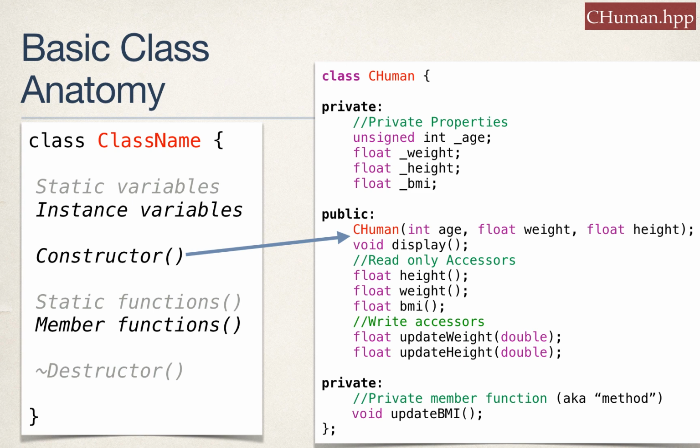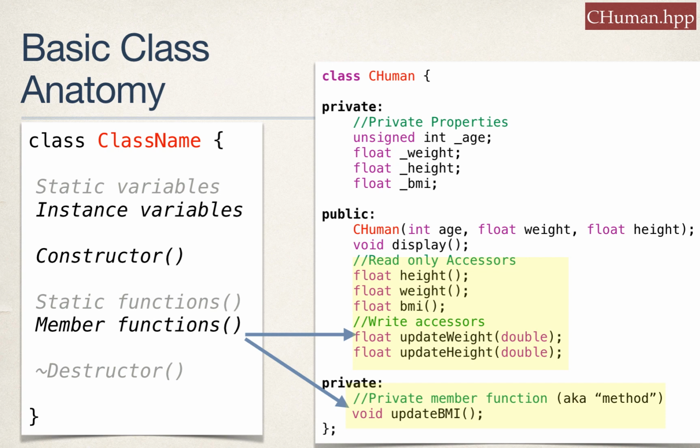Following on below, we see two groups of member functions. The top group is in a public area, so these can be called from outside the class in a special way. The private member functions, however, are invisible to anything outside the class. UpdateBMI, if we do this right, should never need to be called directly.